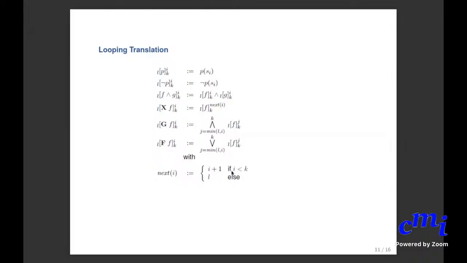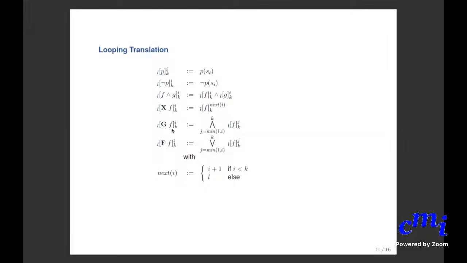When you get to the end of the k-long prefix, since you know that it is looping, then if I is less than k you can increment I. If you're at the end of the k-long prefix, since you know that it is lassoing, then your next position has to wrap around to L, and that's how you translate.